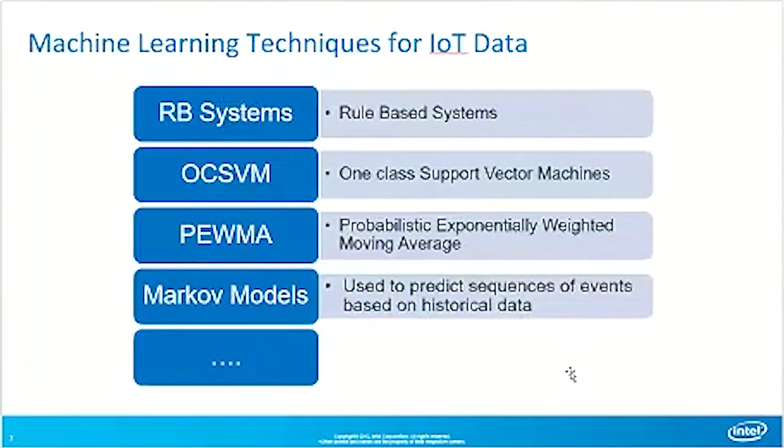What are the machine learning techniques that are being used in the case of IoT? So one is the rule-based systems. In the case of rule-based systems, based on some heuristics, we can determine that a certain value is bad, and therefore we can flag that.